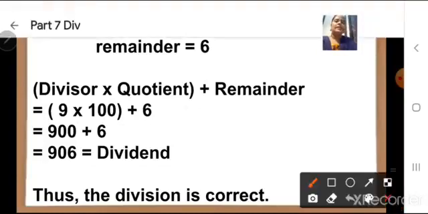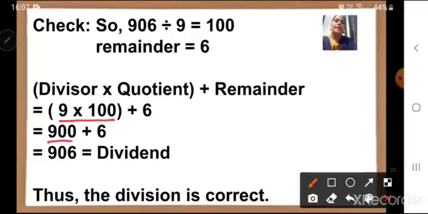Children, 9 into 100 is equal to 900. Correct? Now plus 6. 900 plus 6 is equal to 906, which is equal to the dividend. Thus the division is correct. Write all the steps properly.